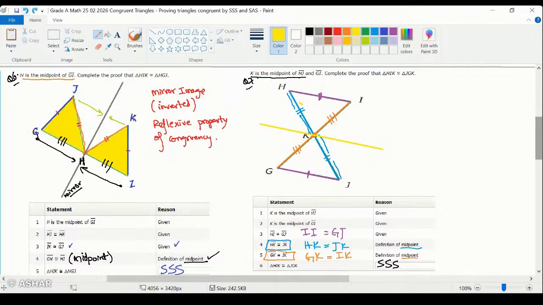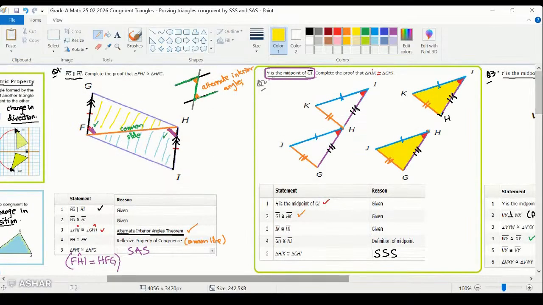What is happening over here? This is being spun. This point H from here comes over here, and this point J goes to this point. And whenever it's a spinning property, what do we say?